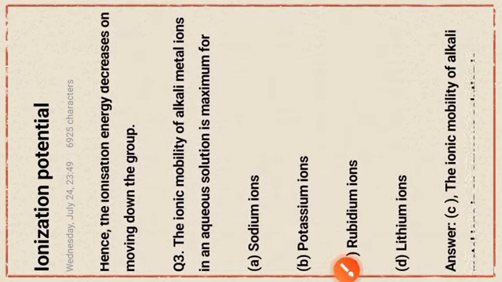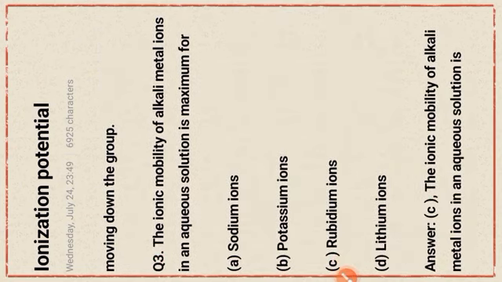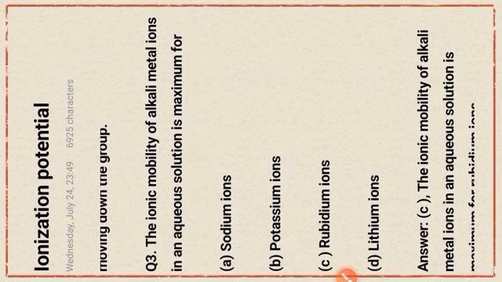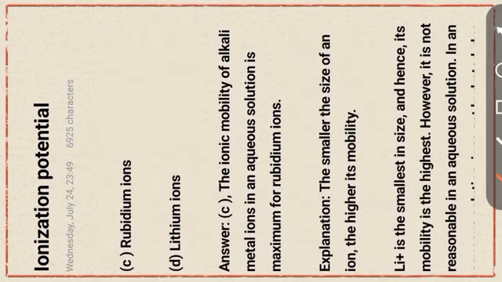Next question. Ionic mobility of alkali metal ions in an aqueous solution is maximum for rubidium, present in alkali metal group 1. Now, to explain, the ionic mobility of the alkali metal ions in aqueous solution is maximum for rubidium.